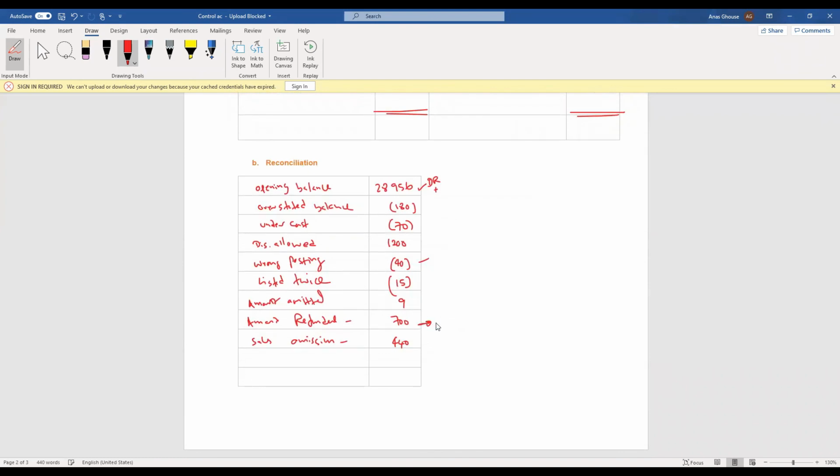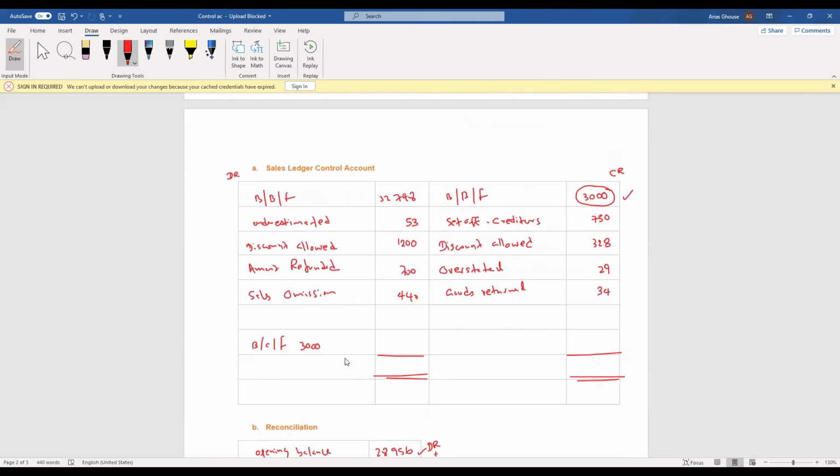So 700 was refunded, right? So this 700 has to be removed from here. The balance will be 2,300. So once you balance this, you can see the closing balance of the sales ledger control account.